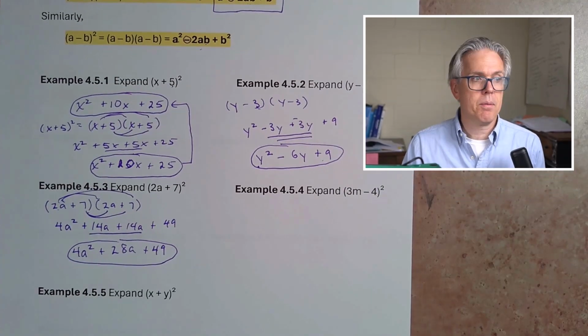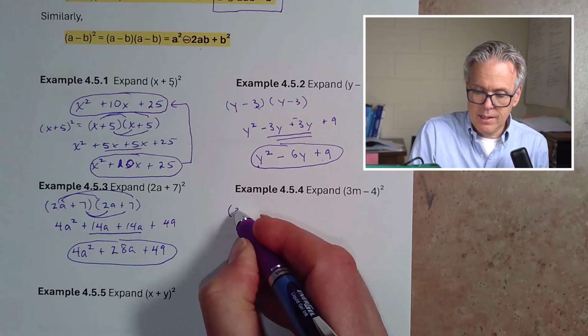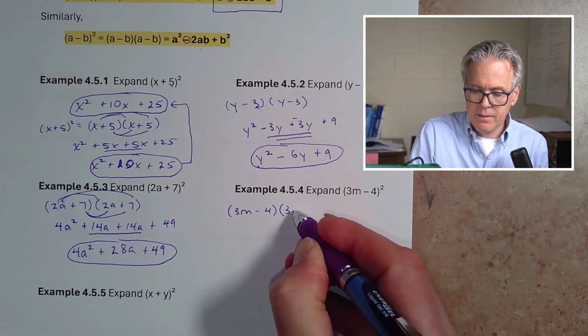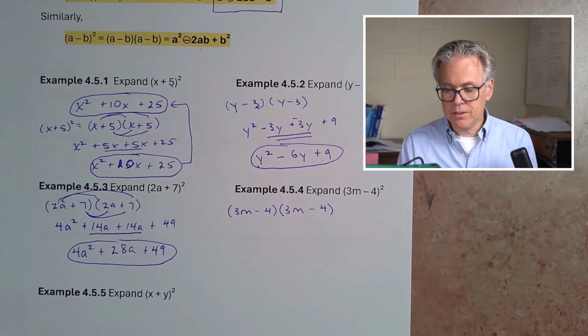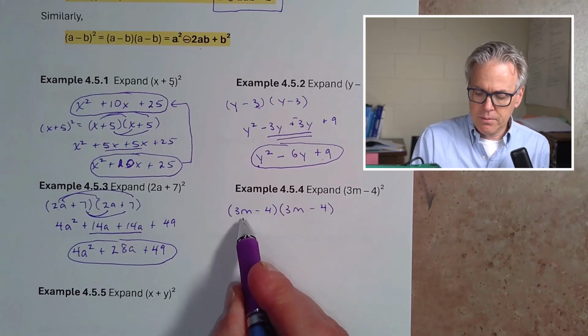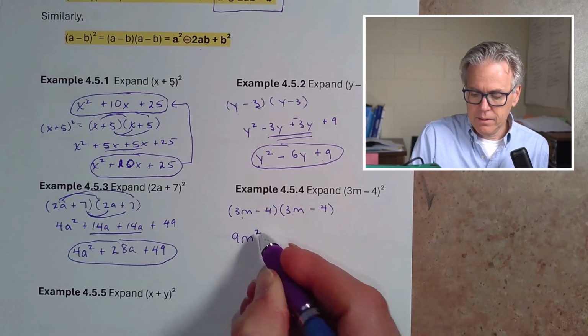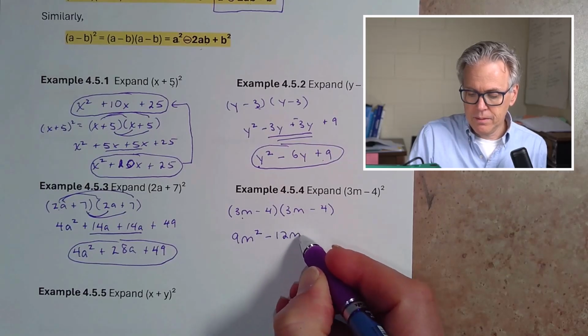Okay, try this one. 3m minus 4 quantity squared. You know me, I'm going to recommend that we just write down 2 copies of that. A lot easier to teach this way too. You can see kind of my thought process. So 3m times 3m is 9m squared. And then 3m times a minus 4 is a minus 12m.